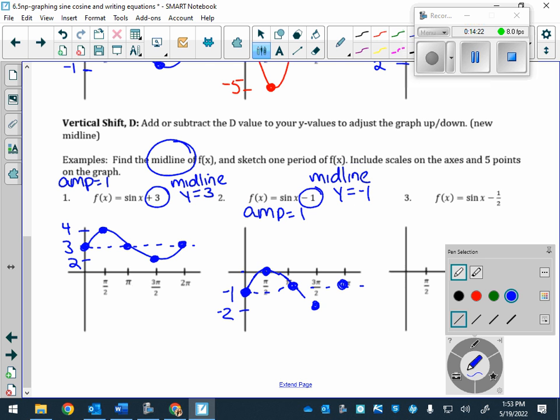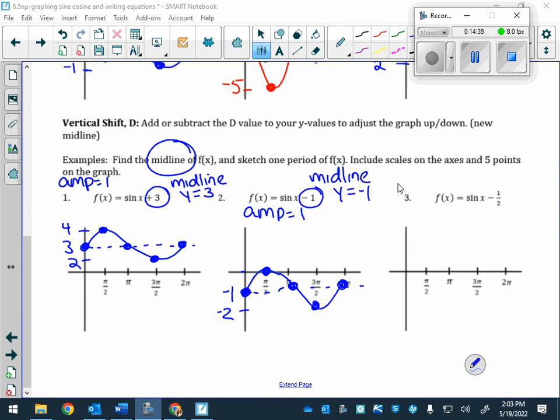Awesome. If you notice, it follows the same exact trend over and over again. Your midline, your max, your midline, your min, your midline. If it's a reflection, your max and min switch. Try number 3. Negative 1/2. What is our maximum? 1/2.